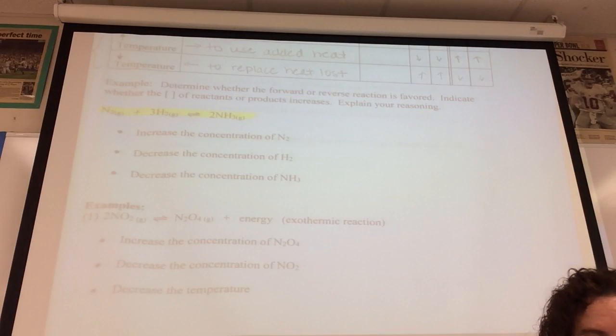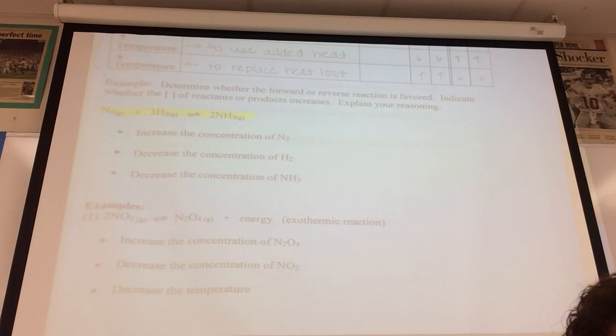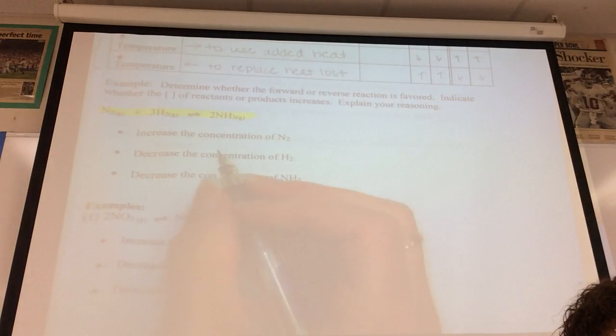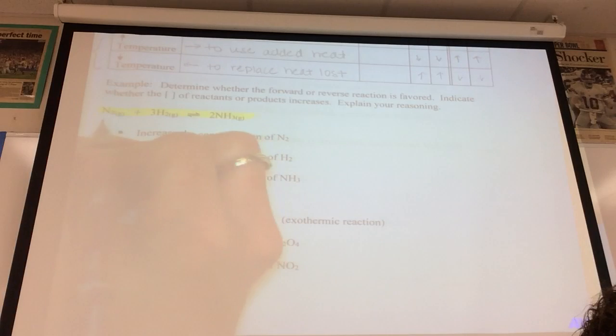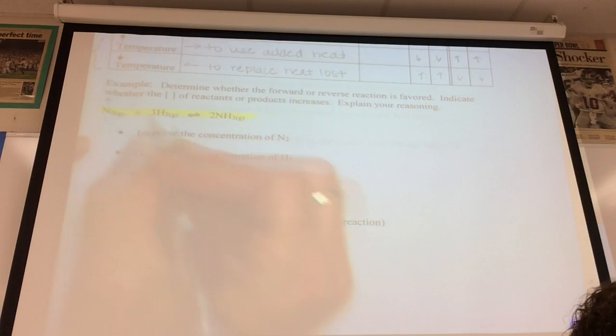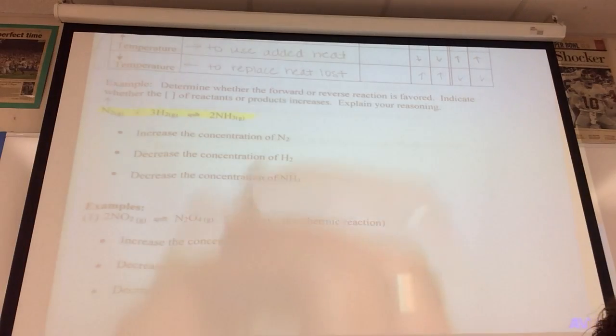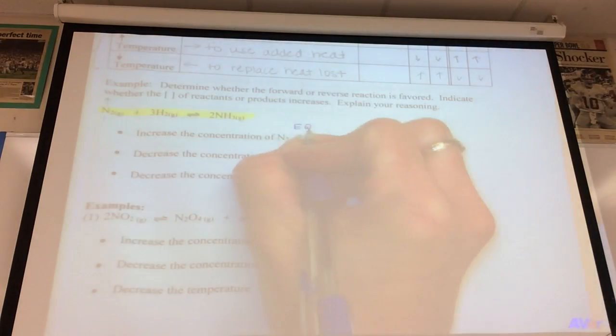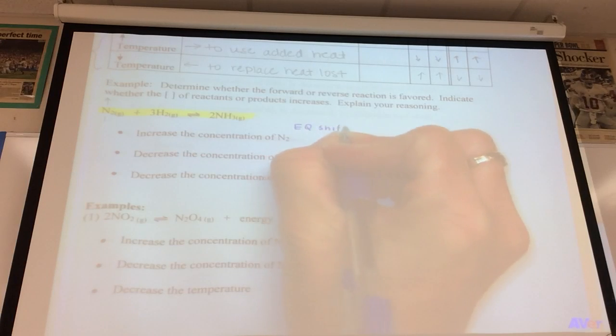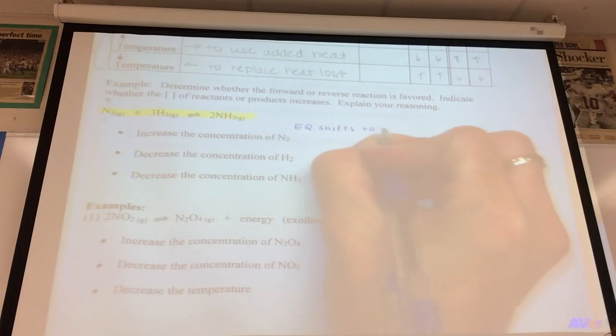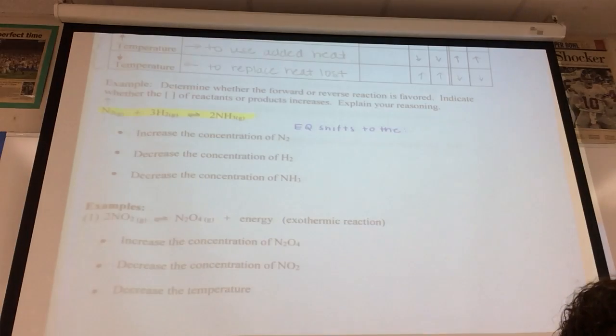If I were to increase the concentration of nitrogen gas, equilibrium would shift in which direction? You are correct.